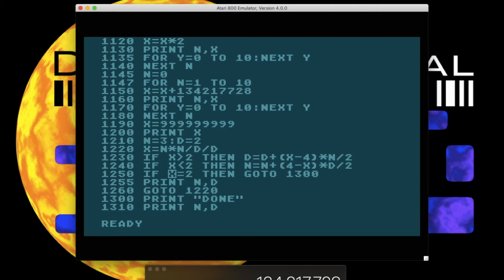We go if n is greater than 999999999. Actually, it should be smaller than that because that's the biggest number. 1, 2, 3, 4, 5, 6, 7, 8, 9. And then do the same for D.